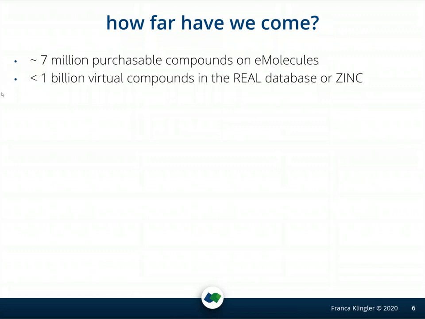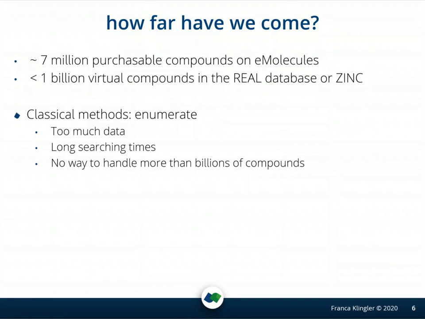And there are approaches to collect more molecules in virtual databases like the REAL database or the ZINC database, for example. And there is always a cutoff at roughly 1 billion molecules. The reason for this is that all those classical databases are enumerated databases. Enumerated means, for those who are not aware of this word, that there is a chemical and an order number written down one after the other in your computer.